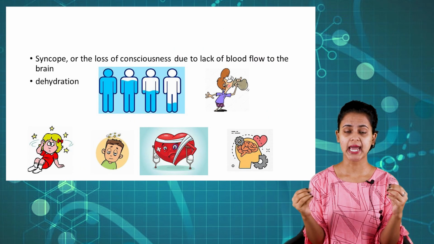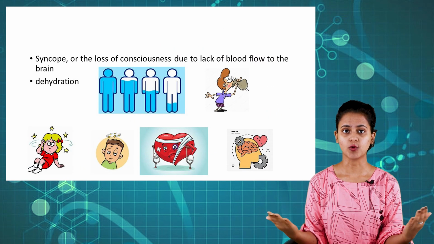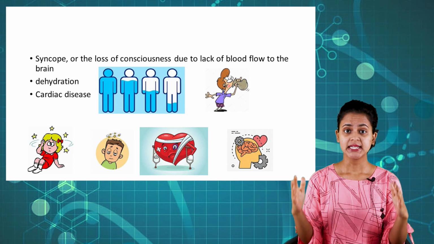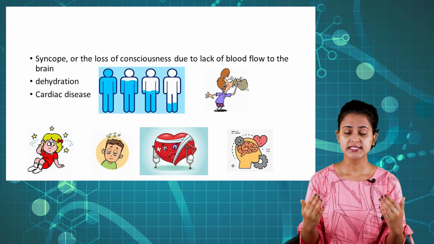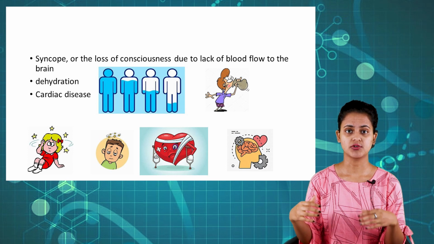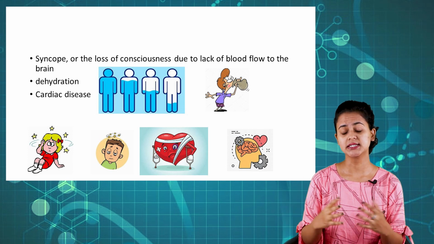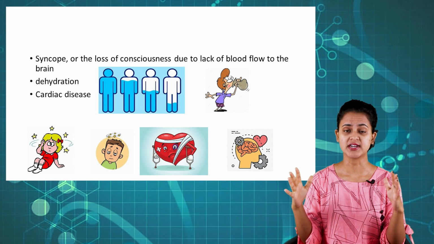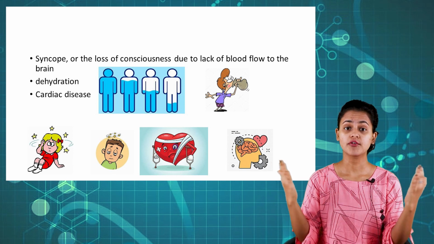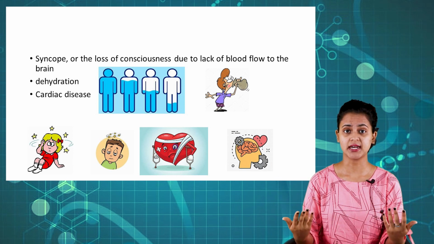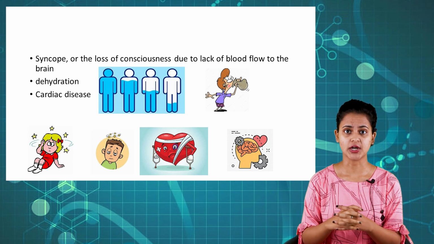Dehydration also can lead to the development of unconsciousness. Next, we are going to see the presence of cardiovascular disease, which interrupts the blood circulation into the cerebrovascular circulation. These conditions can even lead to the development of unconsciousness.